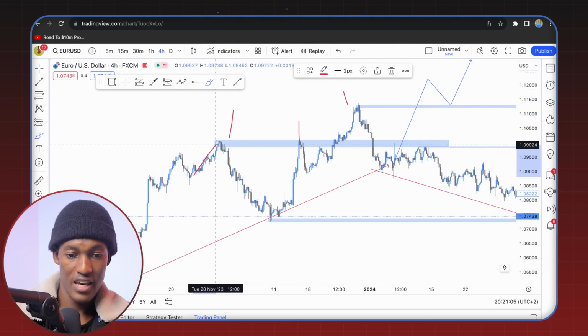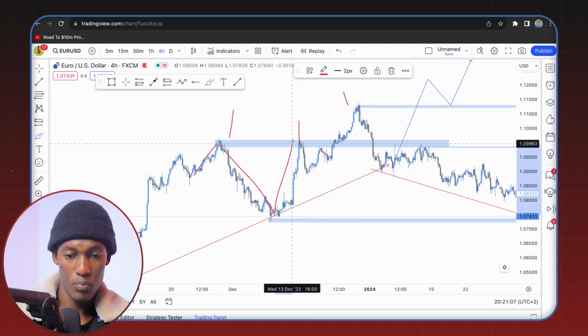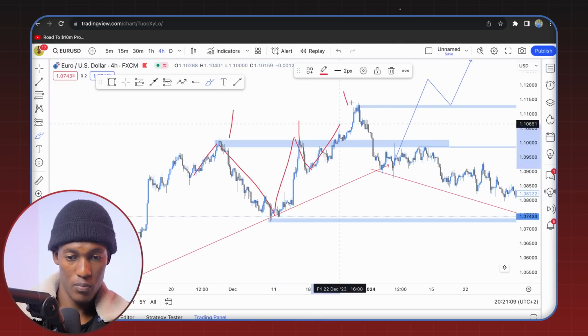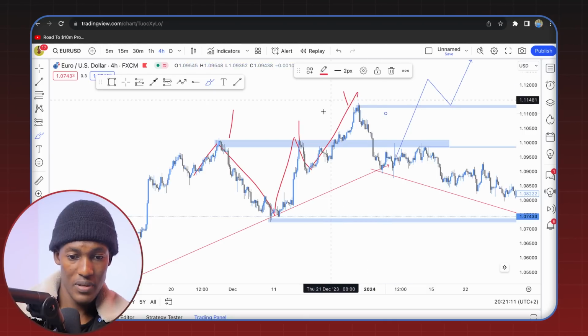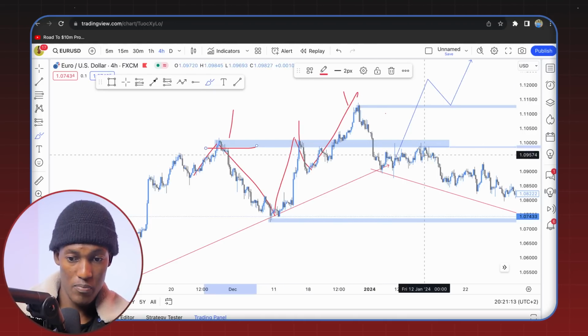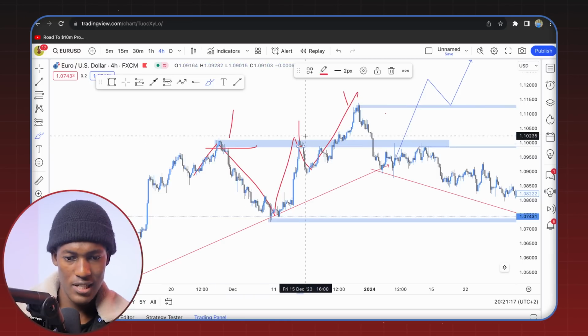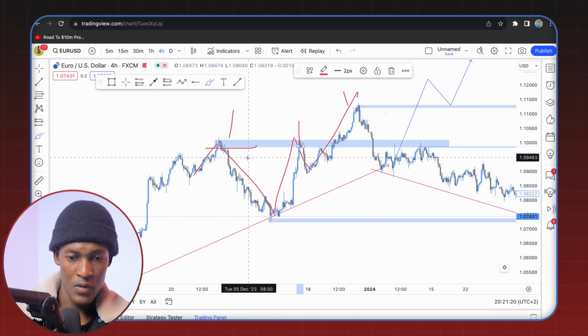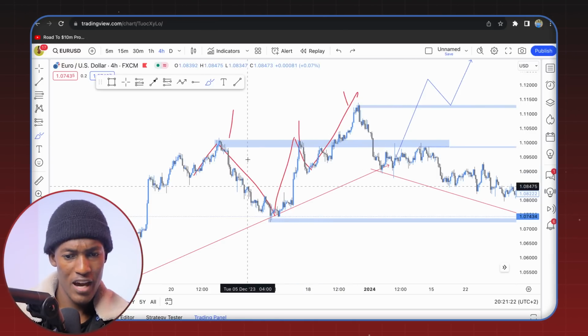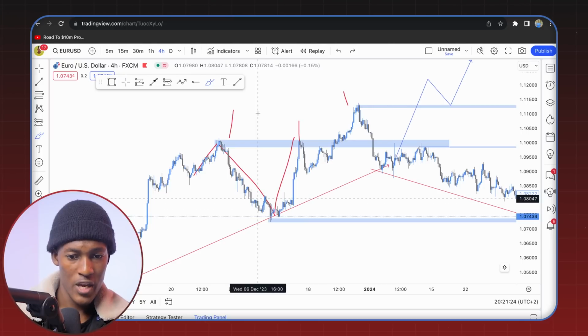The price came, pushed up, came back for a pullback, pushed up, right? Now we have a level that has actually been broken already. This and this are all the same. So at the moment we have more of a downtrend when we are considering the current price direction.